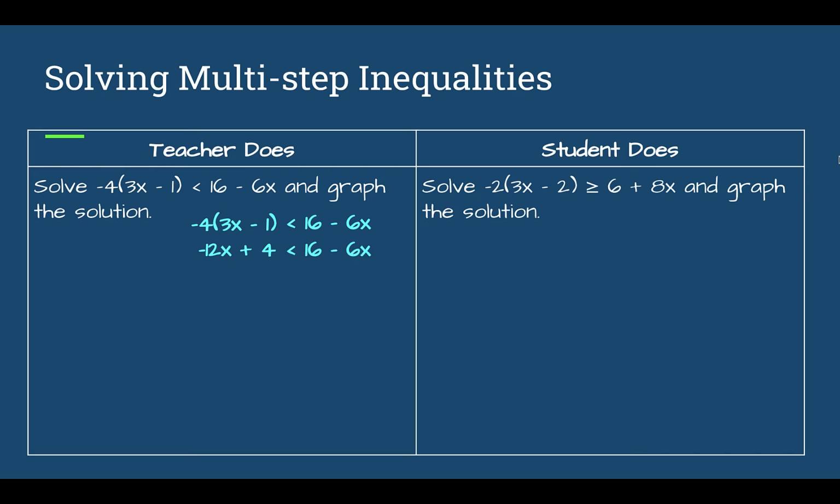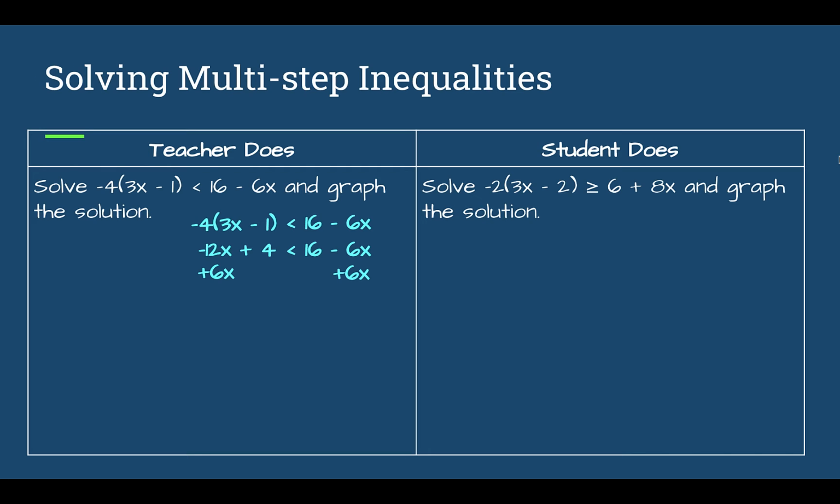Bring down the rest. Now I have variables on both sides, so I just need to do the opposite of what I see to both sides until I'm left with a variable on one side and my value on the other. First, on the right, I see negative 6x, so I'm going to add 6x to both sides. That will cancel the x out from the right.